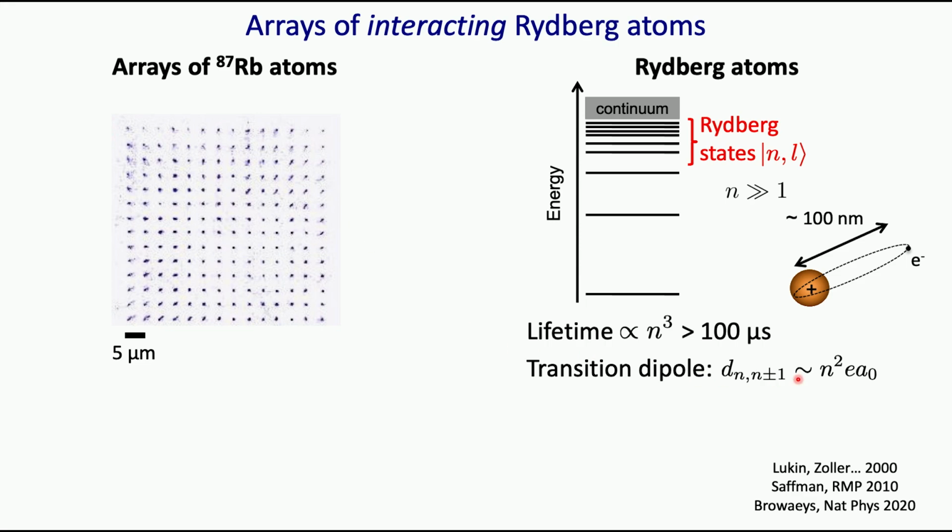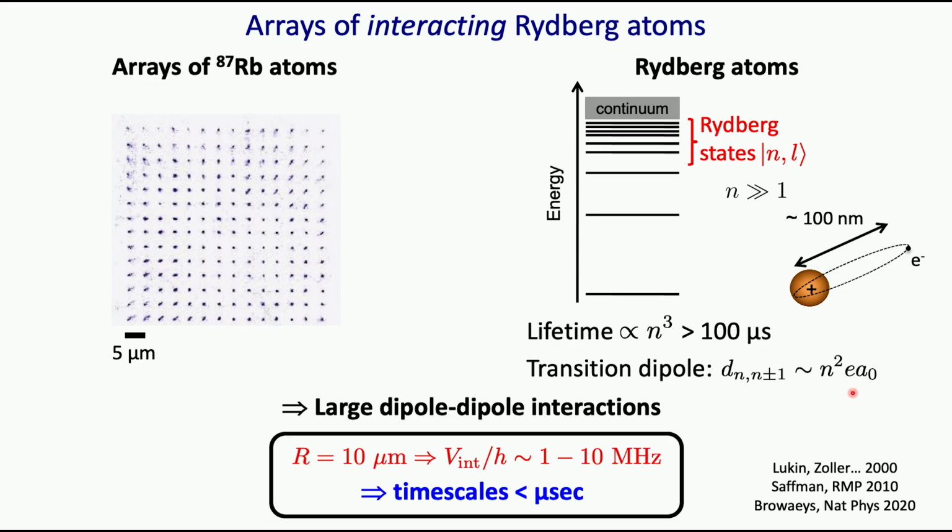The second very important feature is that as these Rydberg atoms correspond to an electron very far from the nucleus, the dipole interactions can be very large because the plus and minus charges are far apart, which induces a large dipole. The consequence is that, for an order of magnitude, for two atoms separated by about 10 micrometers, the interaction is on the order of a few megahertz.